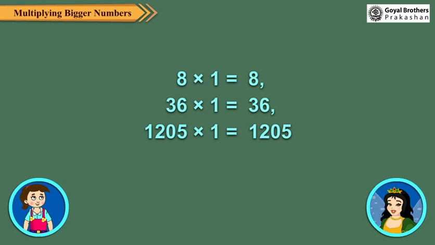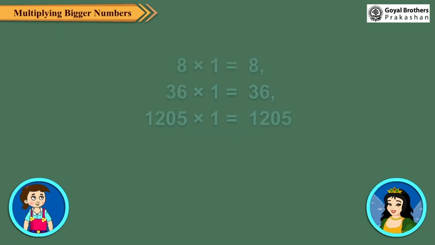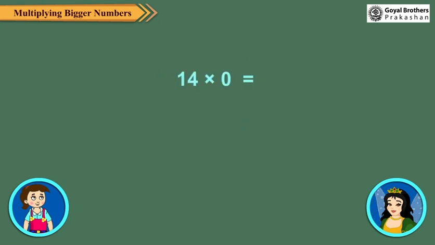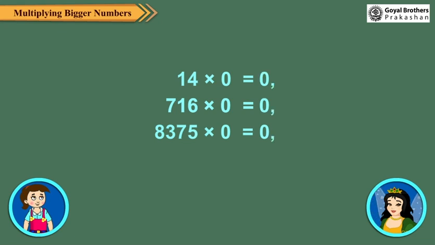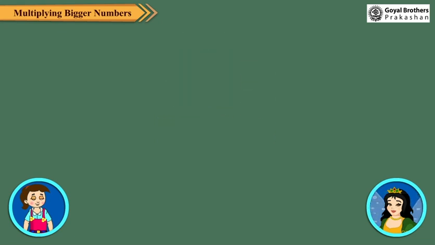The product of a number and 0 is always 0. For example, the product of 14, 716 and 8375 with 0 gives 0 in each case.